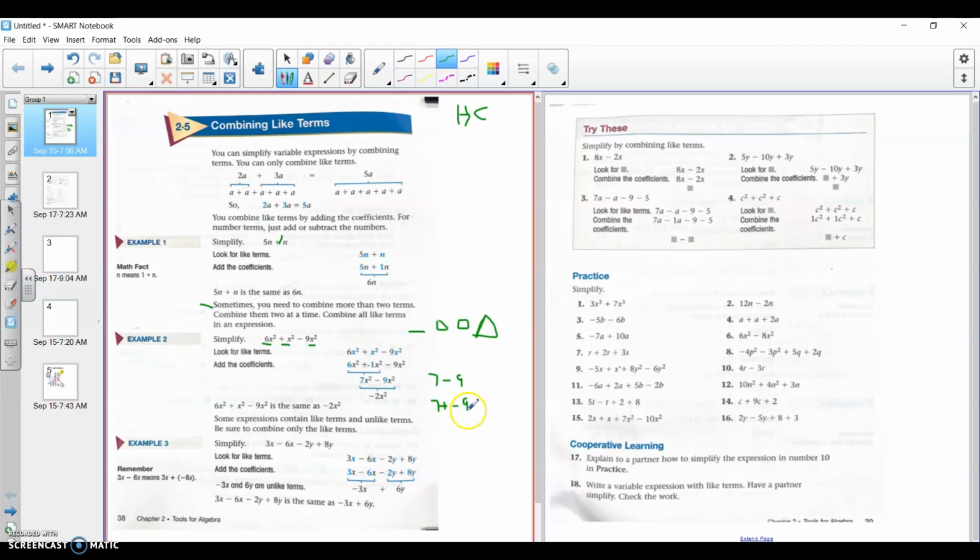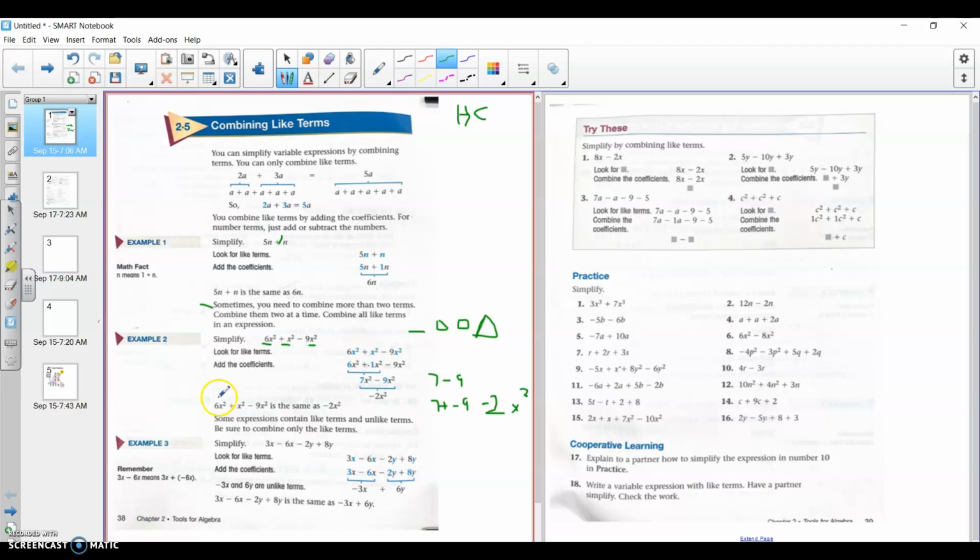And when you have different signs, you're going to subtract. So 9 minus 7 gives you 2, and then you attach the sign of the larger number, which in this case is negative 9. So negative goes in front of the 2, and now we're just going to keep x squared. And so this is how they determine that answer. For example number 2, 7x squared minus 9x squared is negative 2x squared.